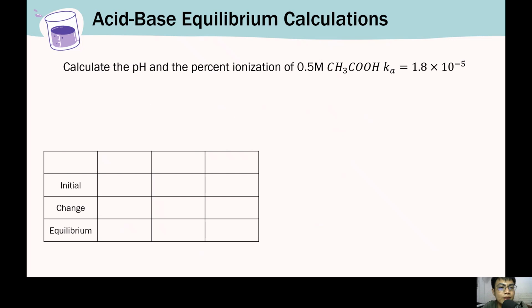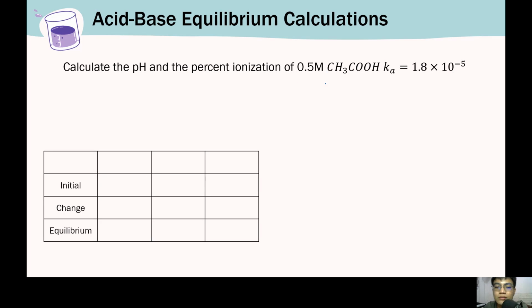Let's try this one. Okay, so calculate the pH and the percent ionization of 0.5 molar acetic acid or CH3COOH, whose K is 1.8 times 10 raised to negative 5. So, how will we answer this? You just write your ice table. Kasi what's the reaction, you might be thinking.